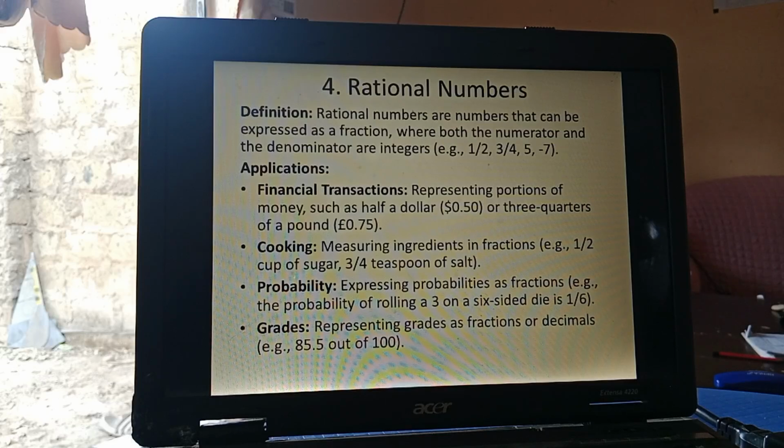Probability, expressing probabilities as fractions, e.g., the probability of rolling a 3 on a 6-sided die is 1 out of 6. Grades, representing grades as fractions or decimals, e.g., 85.5 out of 100.